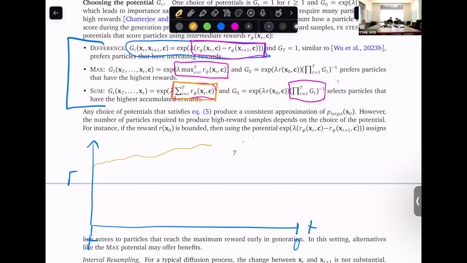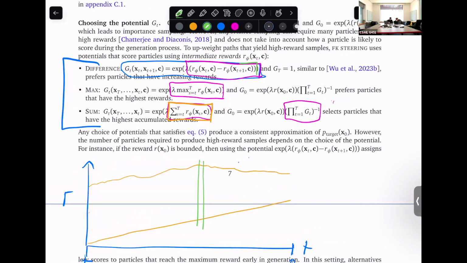Let's say we're here, and this is a possible trajectory, and then we have this guy. From here to here, in this scheme, we would give the guy down here a higher likelihood than the guy up here, which just seems wrong.